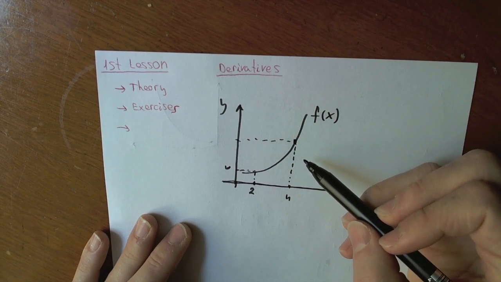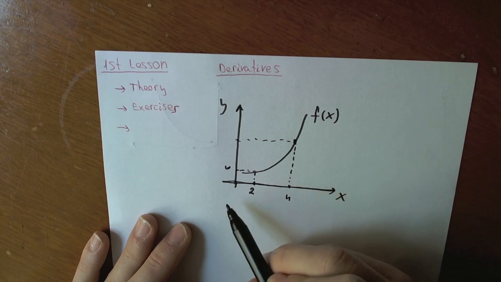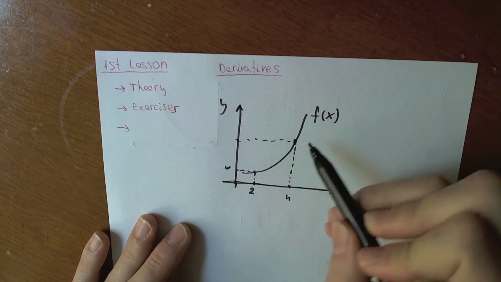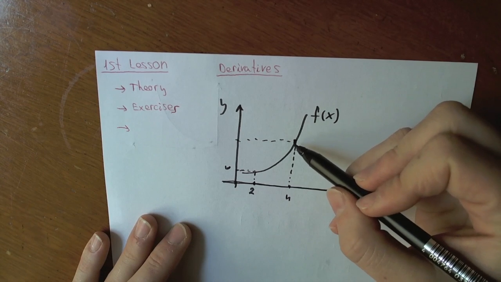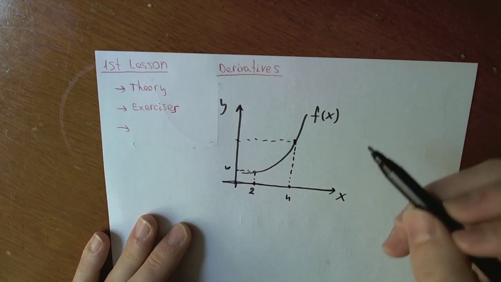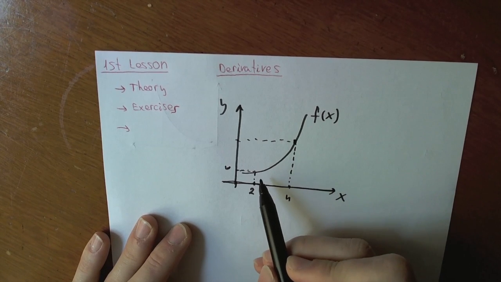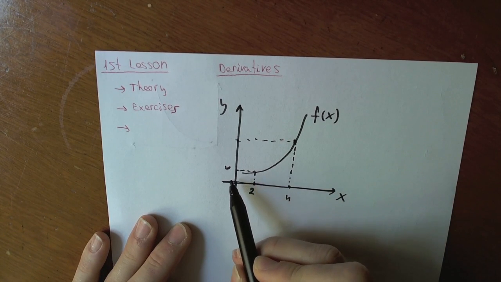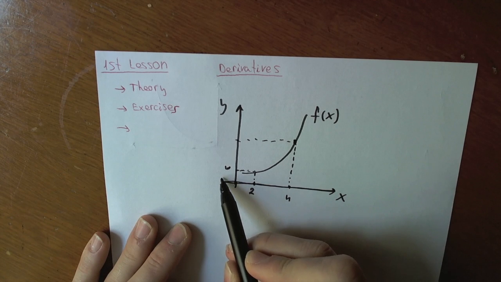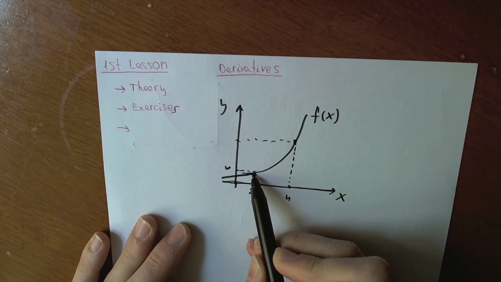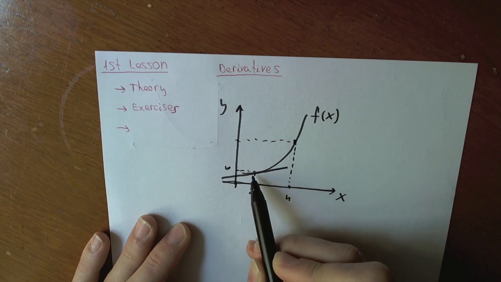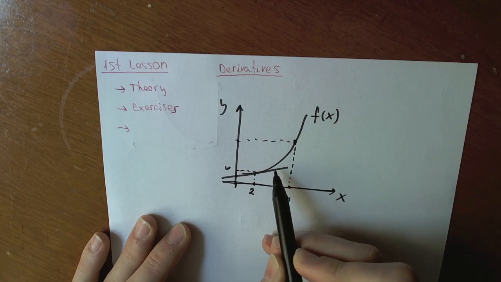This is very important, because the derivative of a function measures the slope of the tangent line of the function at each point. For example, the derivative of the function when x equals 2 is the slope of the tangent line to the function at the point x equals 2.